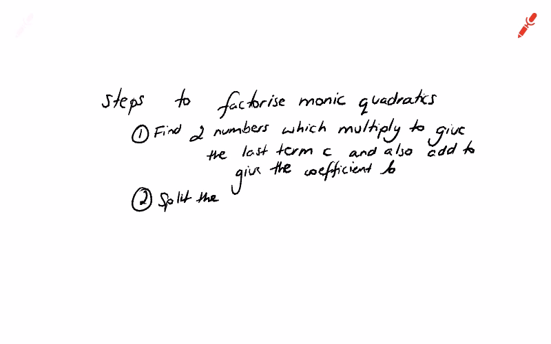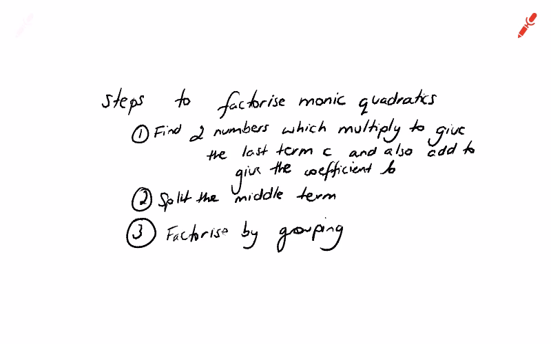The second step we did was to split the middle term up into these 2 numbers. Once we've done that, we've factorised by grouping, and the last step was to factorise the brackets. Let's try another example.